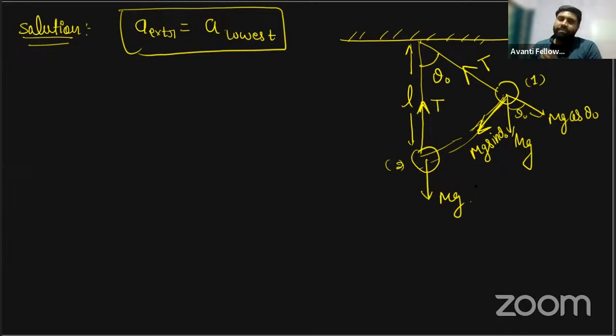Only this component is responsible for the torque generation, because it is perpendicular to the point of rotation, and mg cos theta and tension pass through the axis of rotation. So they have zero torque, which means they are not responsible for the acceleration at this point. So acceleration here comes only from the tangential component of force.